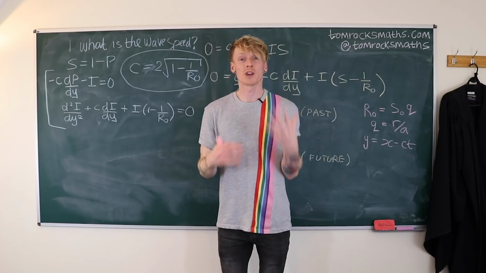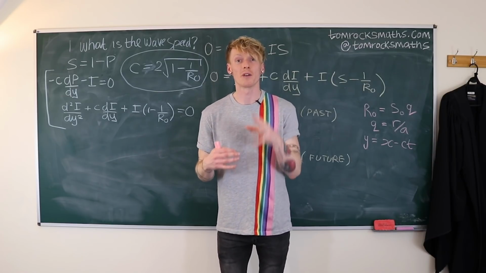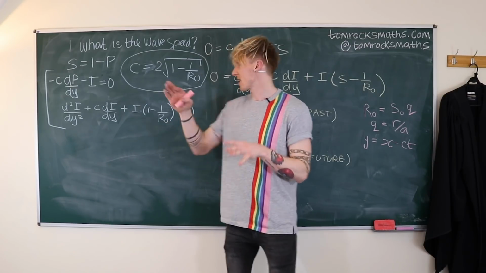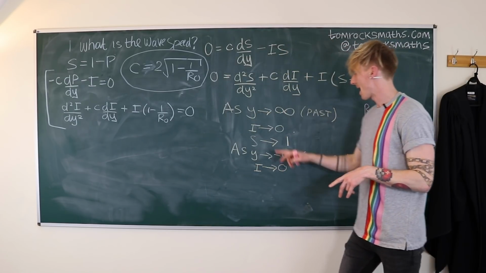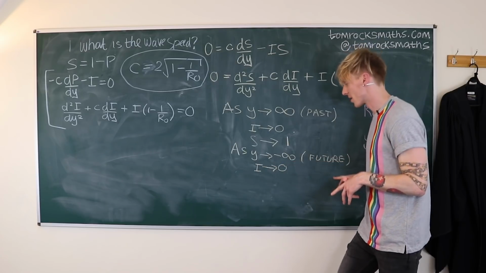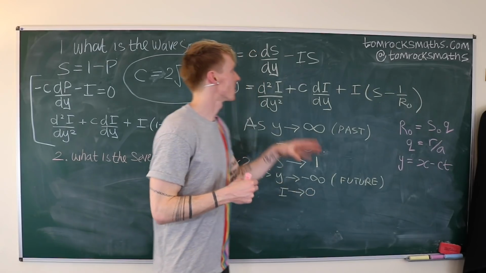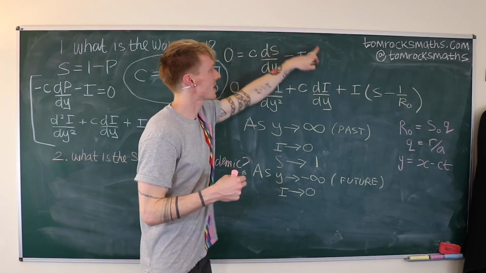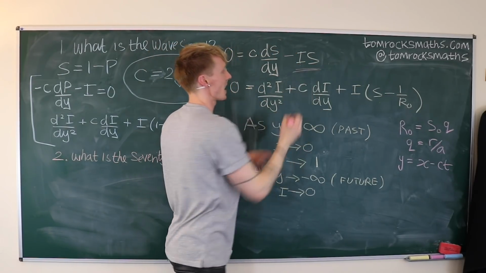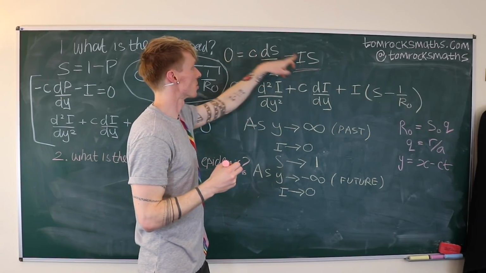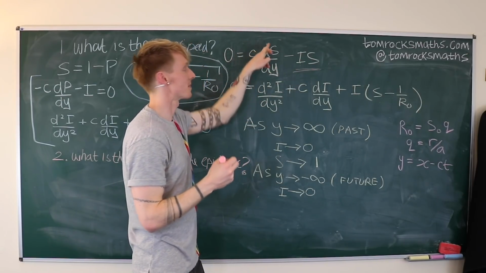So the thing we want to know here is, what is the value of S end, which in our boundary conditions, we want to know S at minus infinity because we want to go into the future. So here, what we want to do is take the top equation and this term here for IS, and then substitute, because this is equal to C times the S by dy.